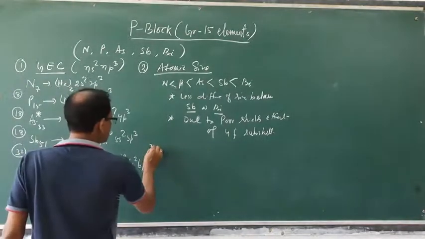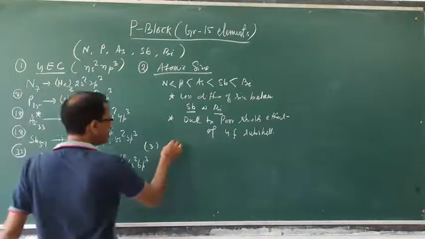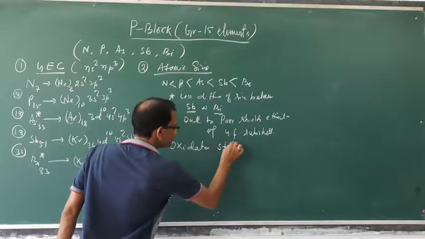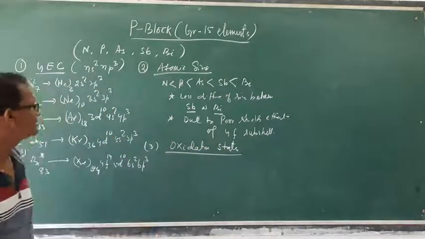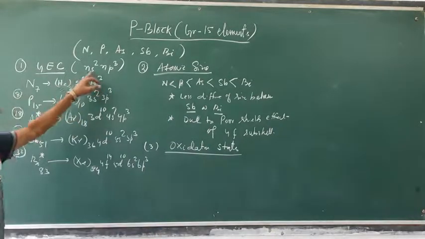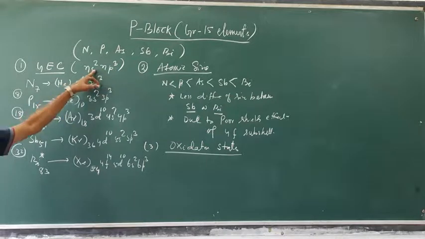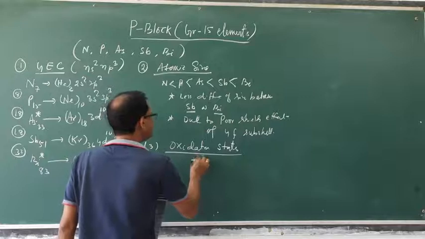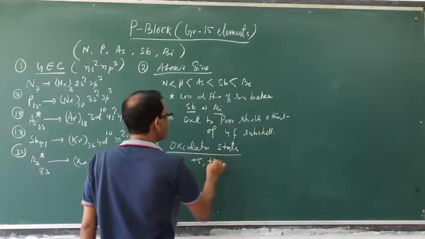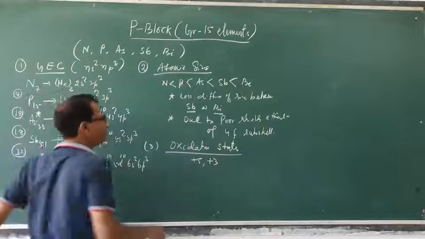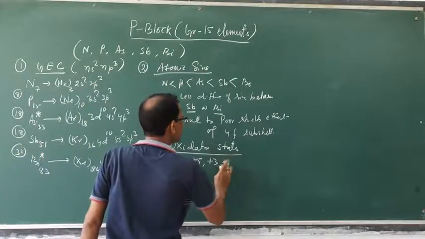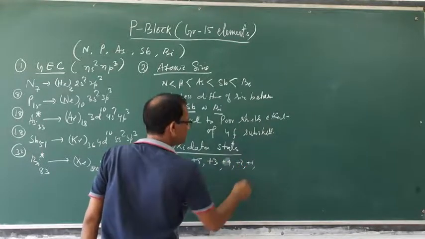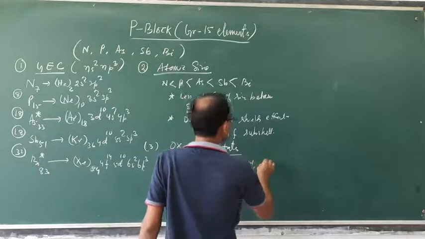Then next is oxidation states. As this group has 5 electrons in the outermost shell, generally they show plus 5, plus 3. If 3 electrons are involved, then plus 3. They also show plus 2, plus 4, plus 1, and minus 3.